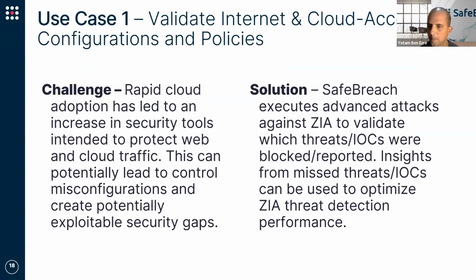So of course, as Kenny mentioned as well, cloud adoption, increase in security tools, multiple cloud platforms, multiple SaaS platforms are being used by organizations, multiple flavors of devices are being used by the users, and the ability to understand the threat perspective of what happens when a user accesses a malicious site or tries to download a malware or tries to go somewhere on the internet which is probably not recommended, and validate that the configuration that we have of ZIA is actually what we were looking for, is around that use case. Kenny, do you want to share some specifics around that maybe?